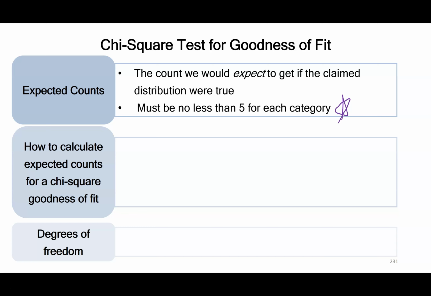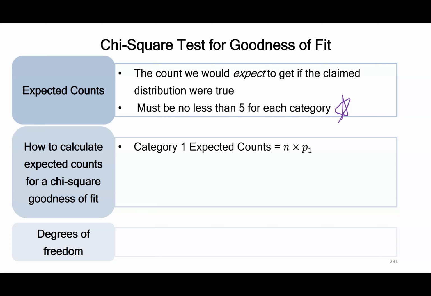So then how you calculate your counts for your goodness of fit. You're going to have however many categories you have, that's how many expected counts you're going to have. So if we have 6 colors, we're going to have 6 expected counts. If I want the expected count for category 1, I'm going to take that overall sample size, like 60 in the M&M scenario, times the probability or the proportion for group 1.